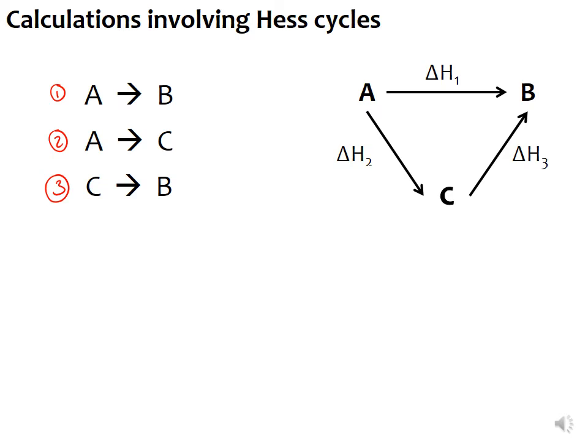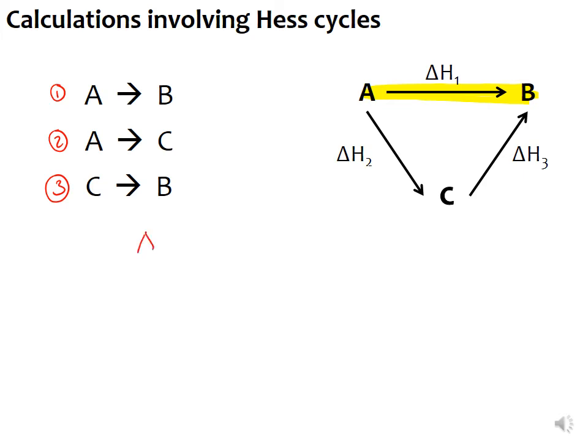So if we were to look at the first reaction, reaction 1, A forms B, delta H1. Now we said already that the overall enthalpy change, delta H1, is absolutely independent of the route taken.